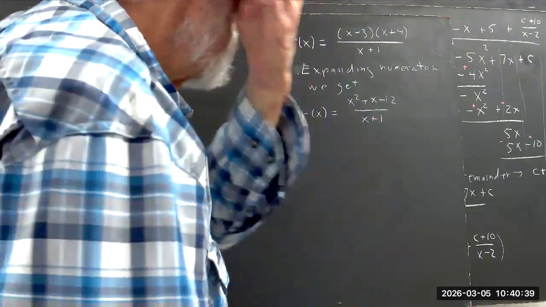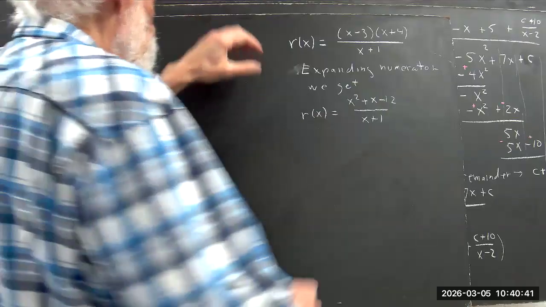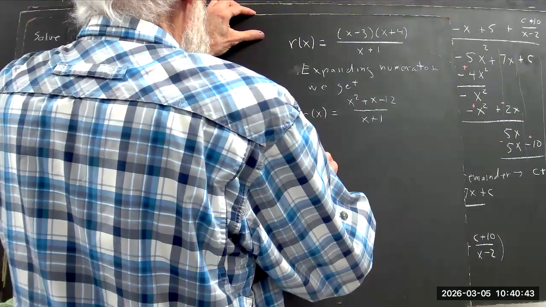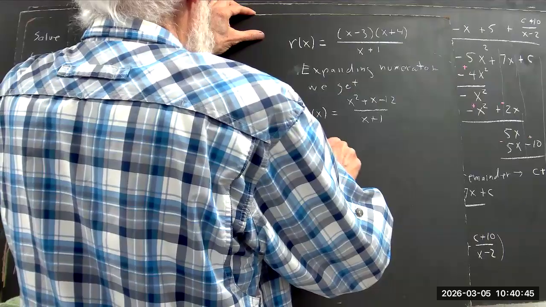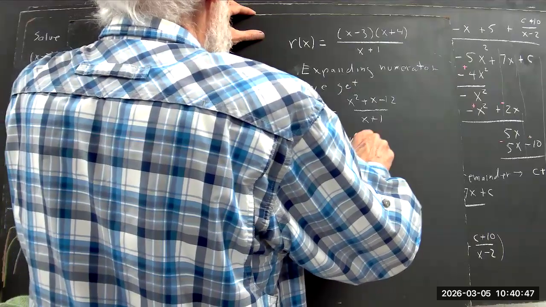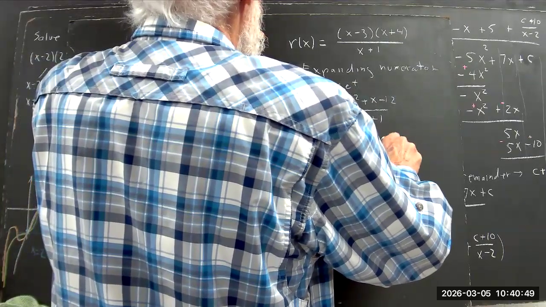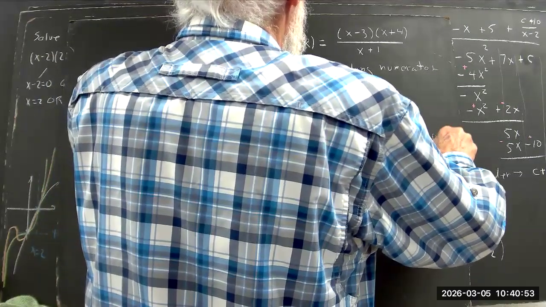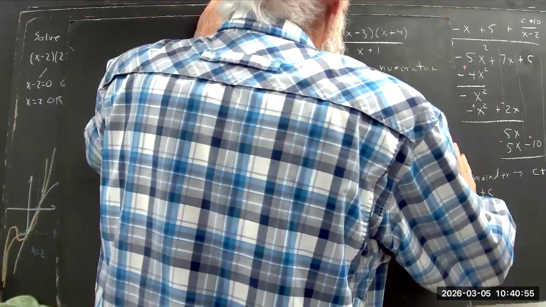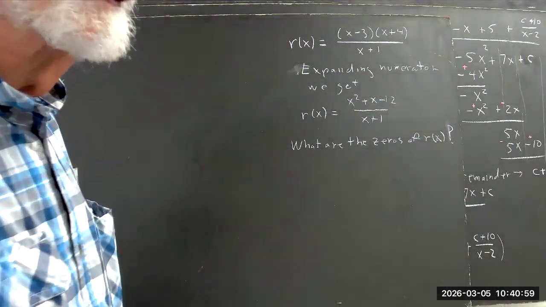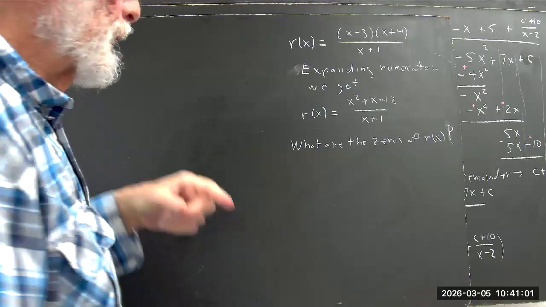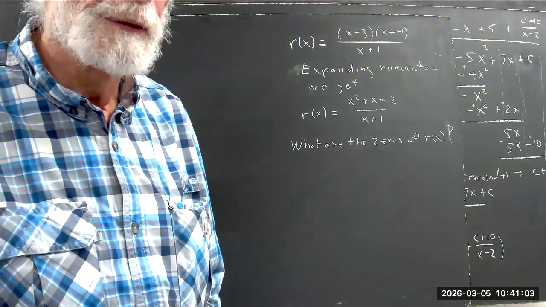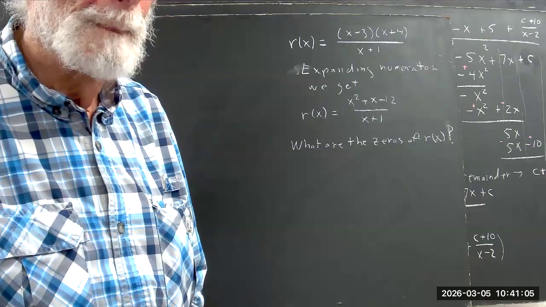Okay? So my first question is, what are the zeros of r of x? What numbers can we plug into r of x to make it 0?